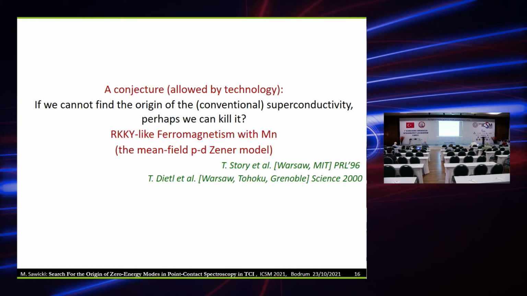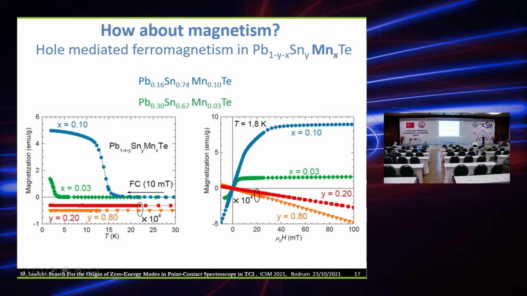Actually, it can be done in this material by introducing manganese. When we introduce manganese in percent concentrations, long-range ferromagnetic order is formed. And we simply hope that in the samples containing manganese in the ferromagnetic phase, there should be no features like the one that I was showing you.